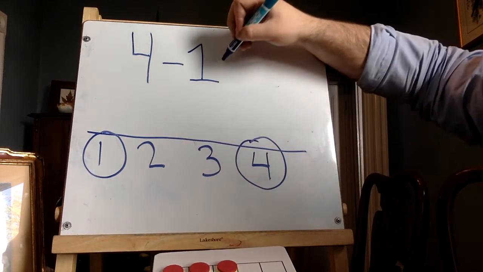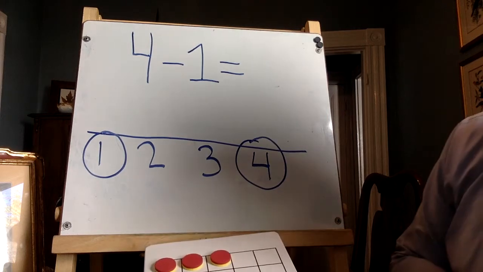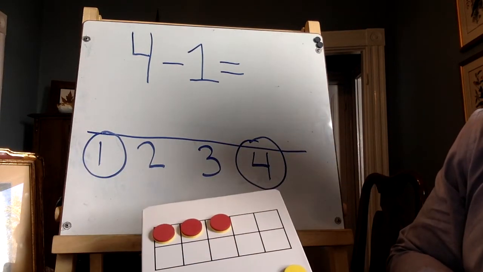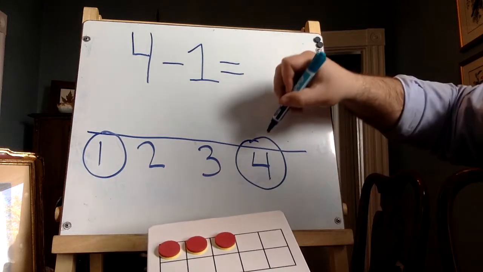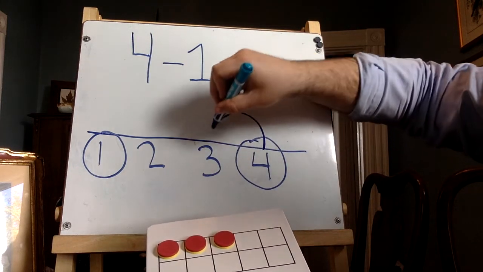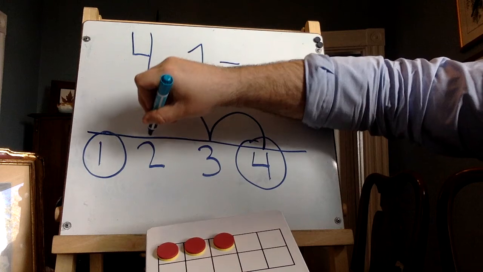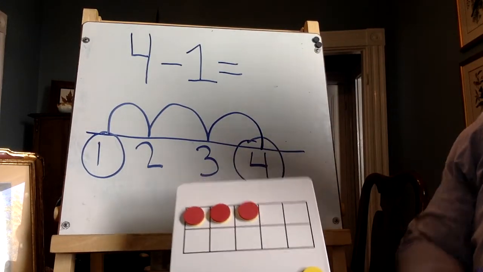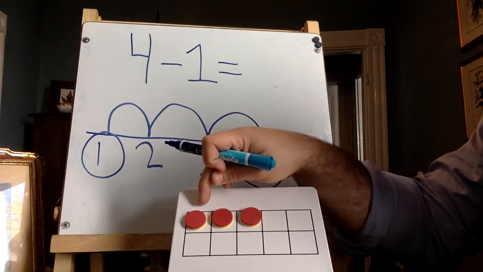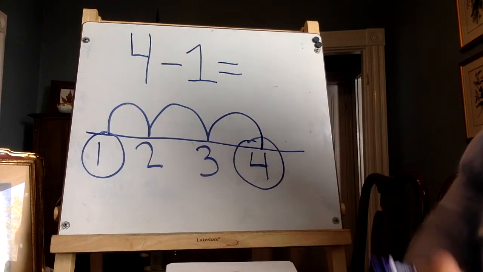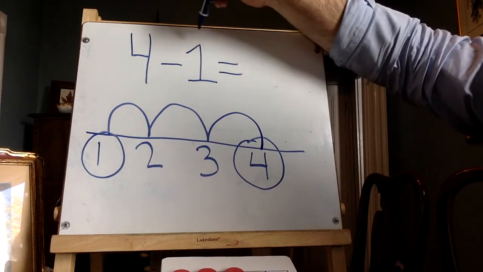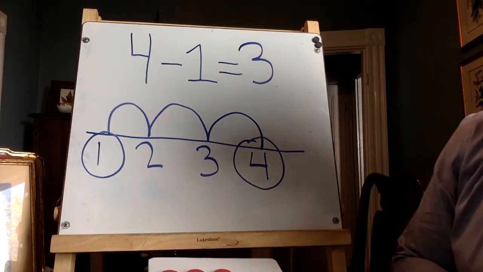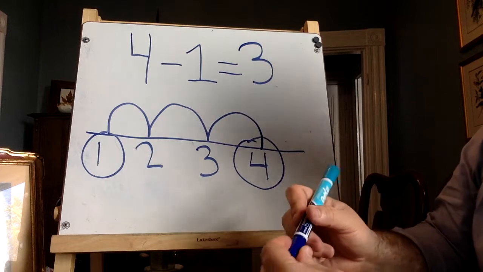Now let's find out what the difference is between the number 4 and the number 1. Let's jump. 1, 2, 3. So we know that the difference between 4 and 1 is 3. Let's try another.